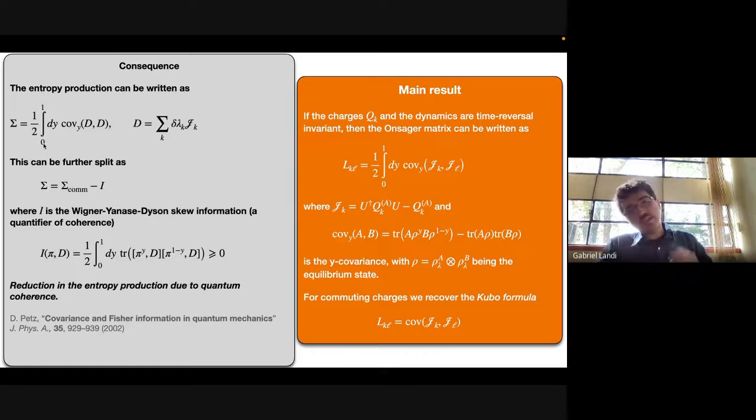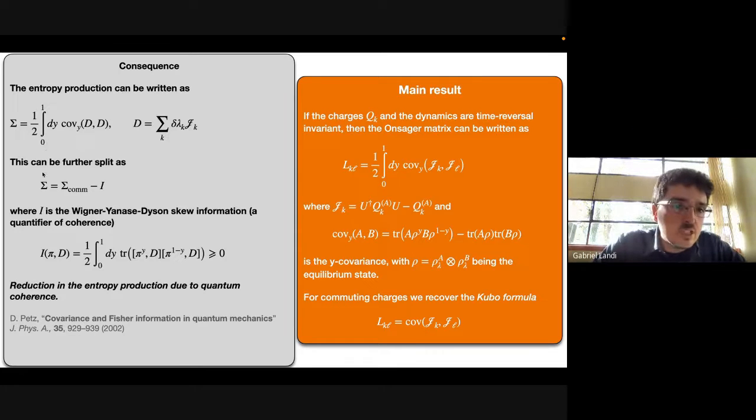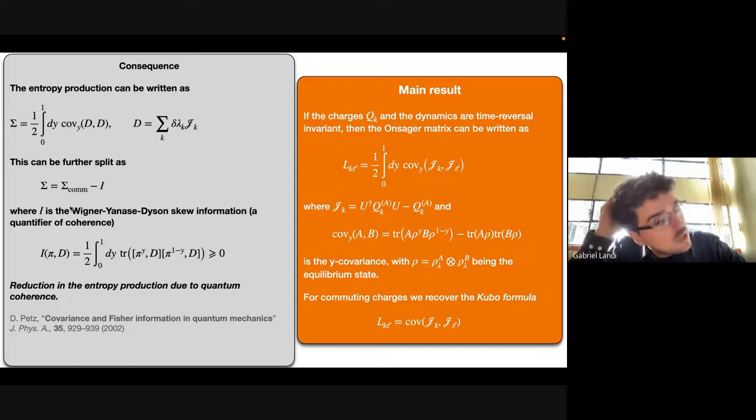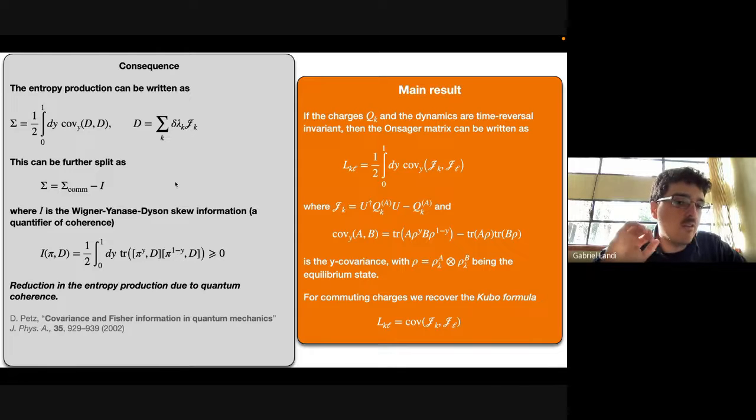And what is particularly nice about this result is that we can now split it into two terms. We can split it into a commuting part, which would have the same form but with commuting operators, minus this quantity I, which is a widely known quantity in information theory called the Wigner-Yanase-Dyson skew information. And it's a quantifier of quantum coherence.